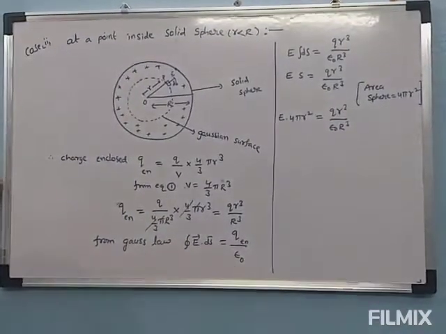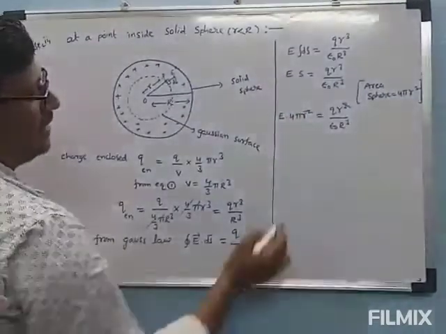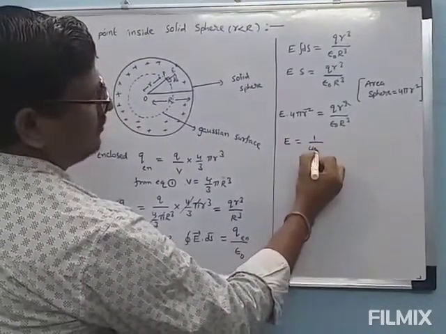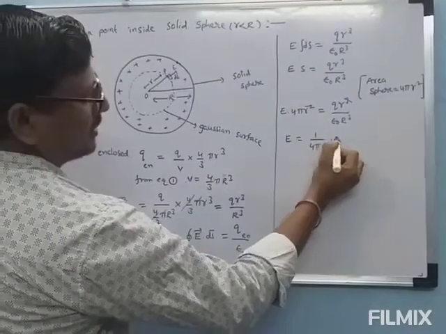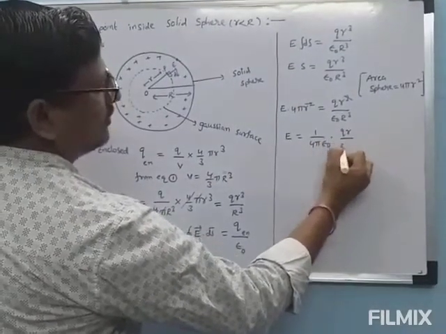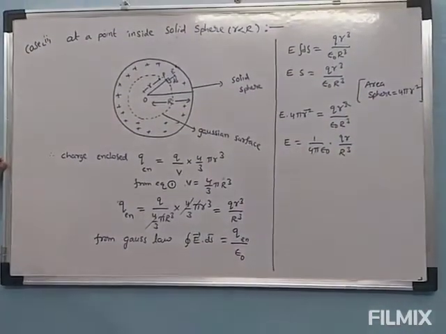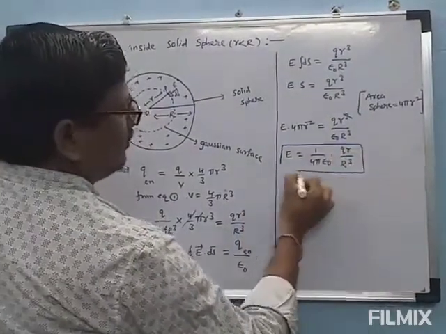Then r square cancels, and 4 pi is taken to this side. E is equal to 1 by 4 pi epsilon naught into Q into r by capital R cube. This is the formula for the intensity of electric field at a point.